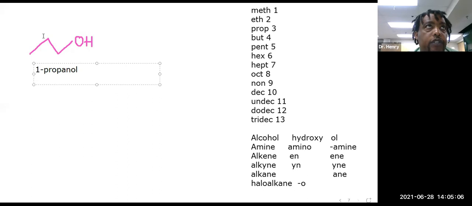So that would be 1, 2, 3. So that OH is on that first carbon.